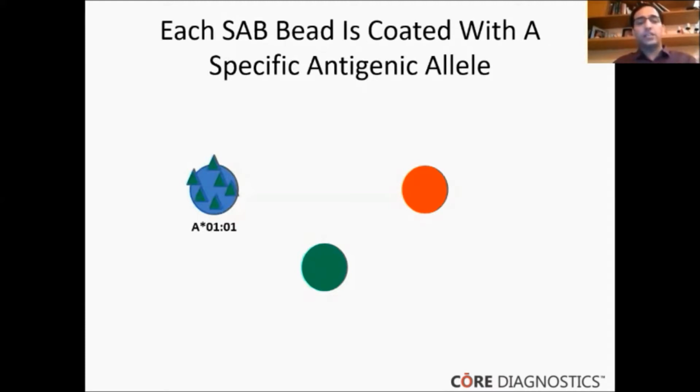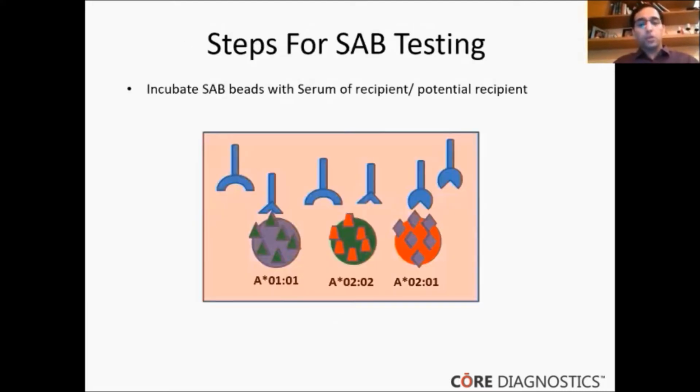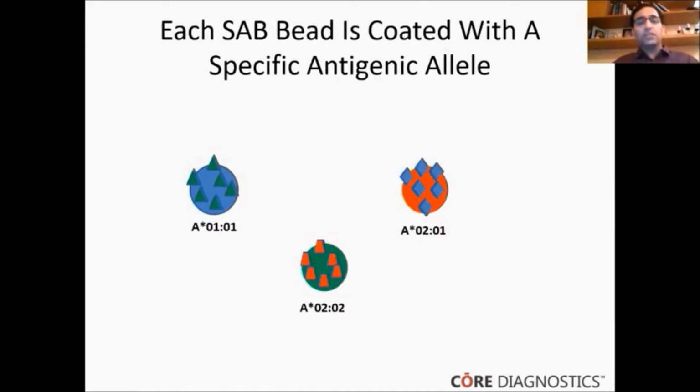So like A0101 is coated on this blue bead, and then A0201 on this red bead, and then A0202 on this green bead. So what you end up having is that each single antigen bead is coated with one single antigen and a specific allele. So it's a specific 4-digit or 6-digit allele that is coated on these beads.